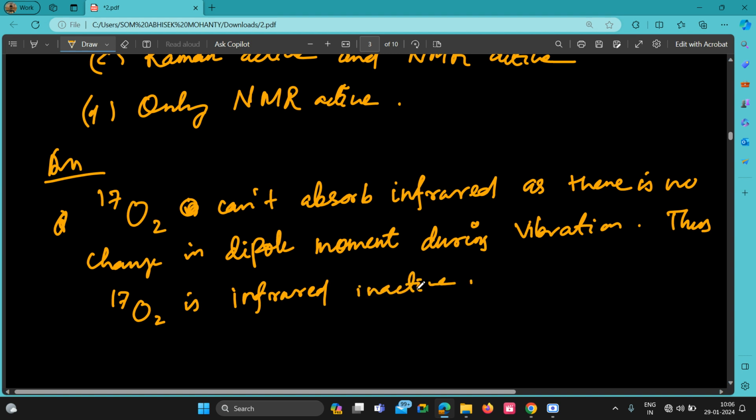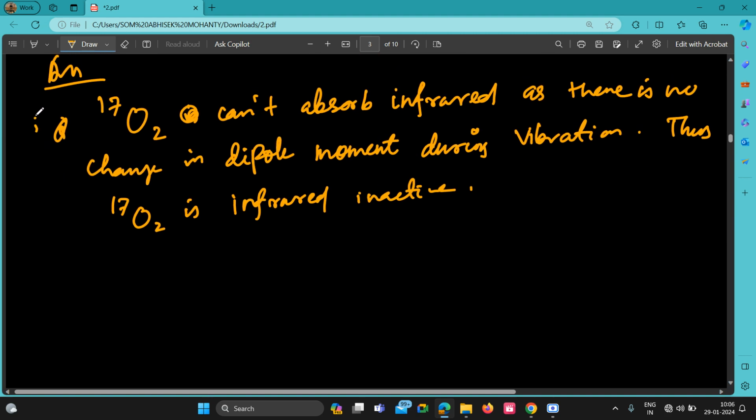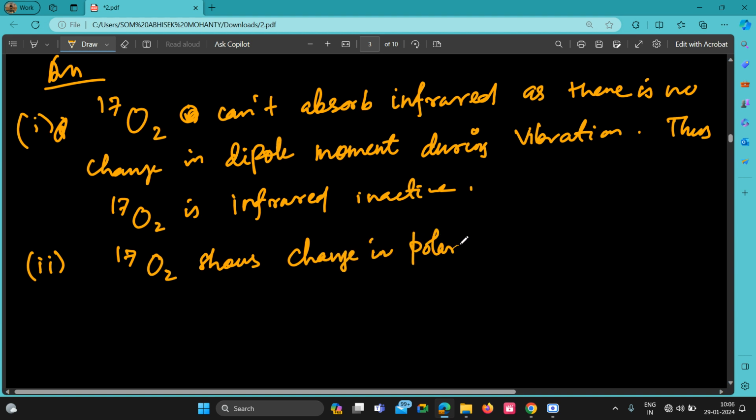Okay, this is one. Just write down these points, it may be helpful for you. As oxygen shows change in polarizability during rotation, thus it is Raman active.